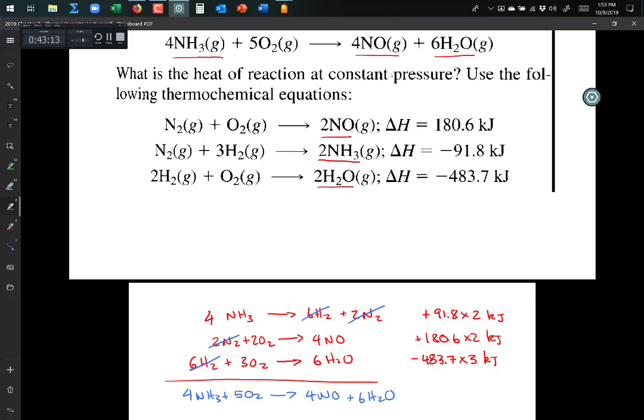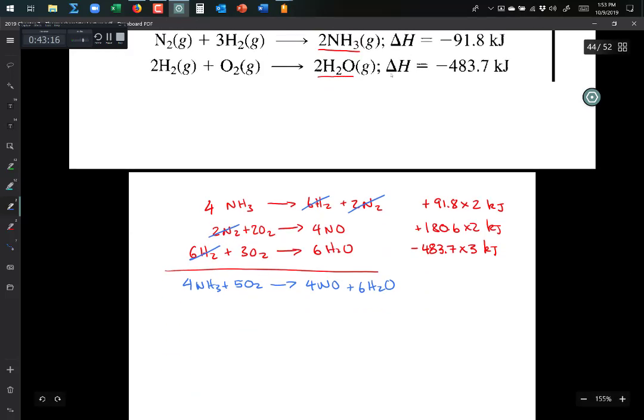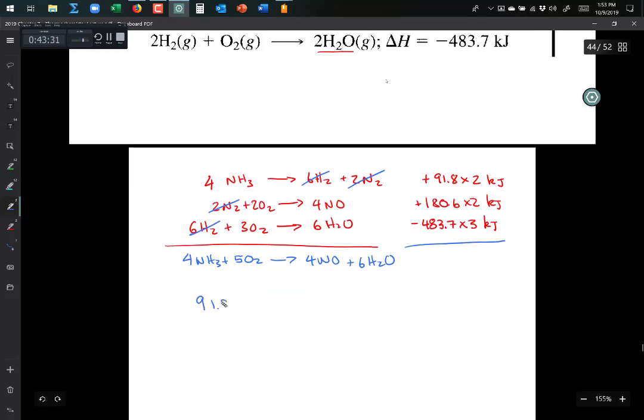And it's the same. So then honestly, this is where people have the worst time, is adding those numbers together, because they'll forget a sign or they'll forget to multiply it. Okay. So if it helps you, just write it all out, like 91.8 times 2 plus 180.6 times 2 and minus, well, let me do this, plus a negative 483.7 times 3 kilojoules. And just work through all the math that way.